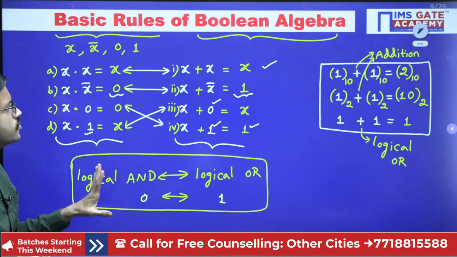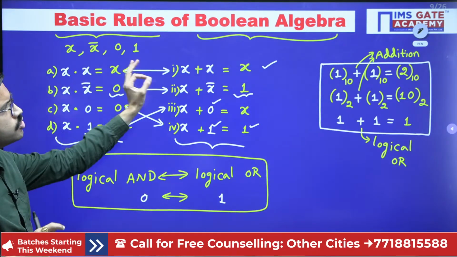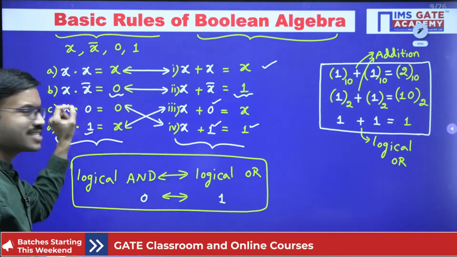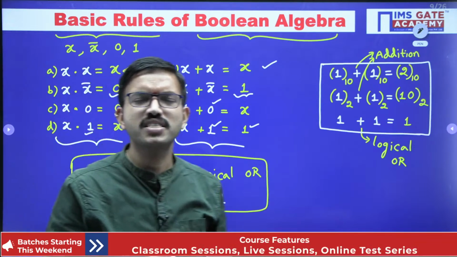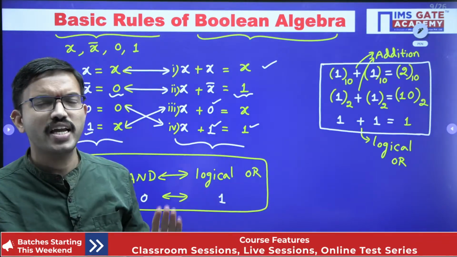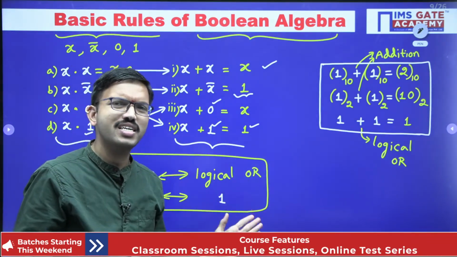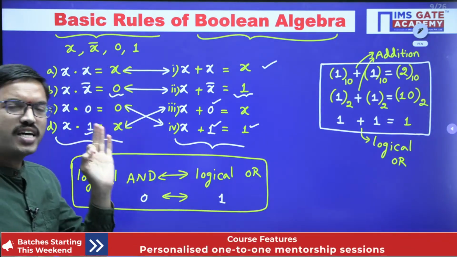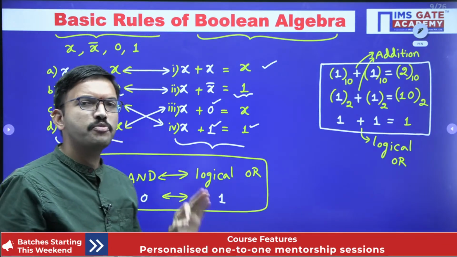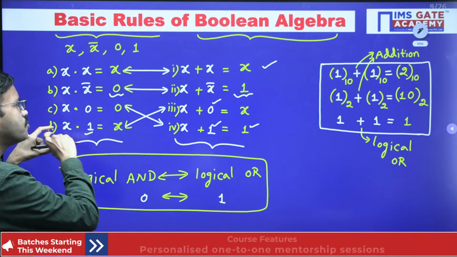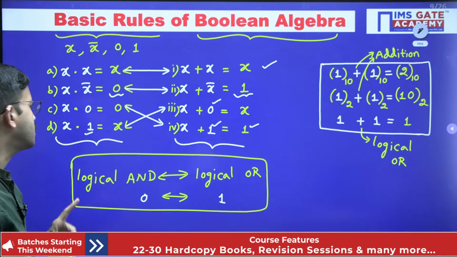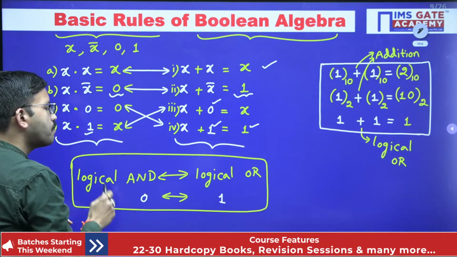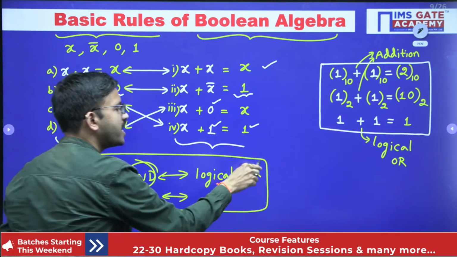So according to the Boolean algebra basic rule, whatever variable you are considering, we can represent it with one of two possible values like 0 and 1, or true or false, logic high, logic low, etc. Only one of the two possible values. With the help of that basic definition, if you are able to write one Boolean function, then you just interchange the basic binary operators.